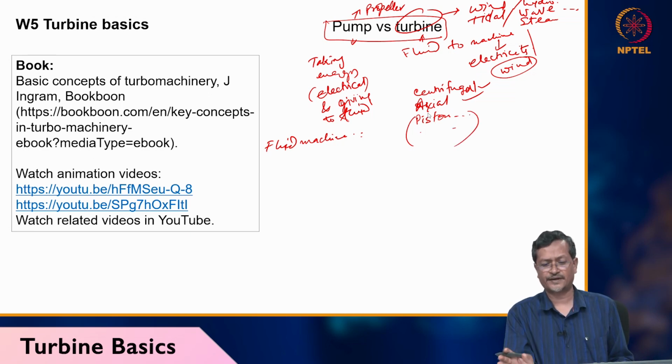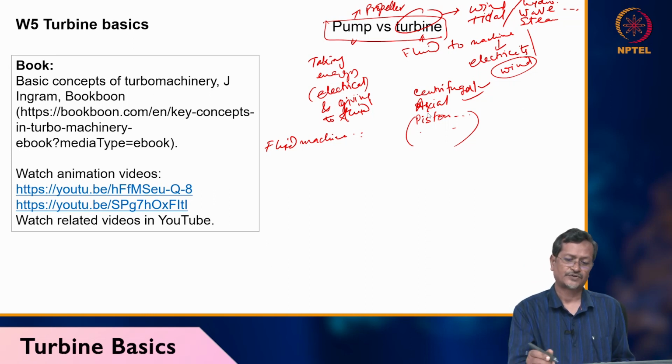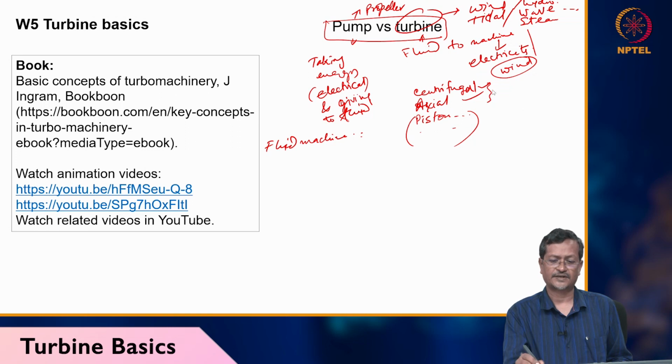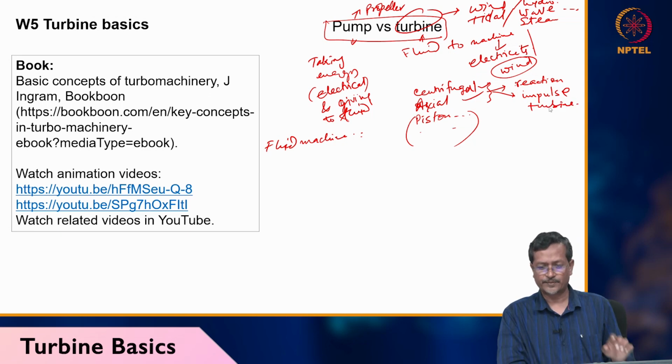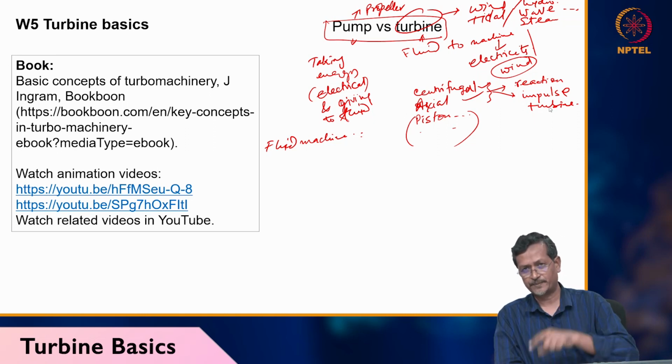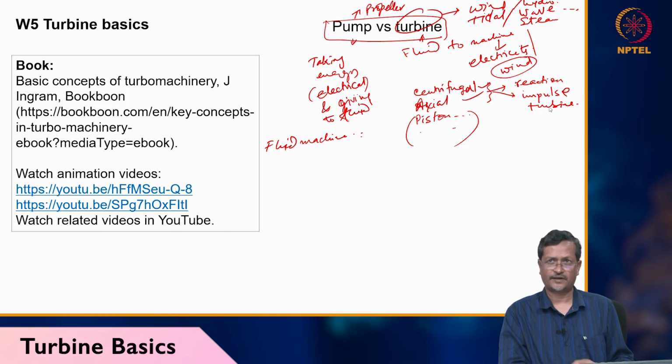Those will be coming under maybe a hydraulic engine pump or something else. Okay, so turbine will be normally centrifugal, axial, and they will have again a reaction turbine and impulse turbine. So there will be different types of axial or centrifugal turbine, and they will have reaction turbine or impulse turbine or a mix of reaction and impulse turbine.